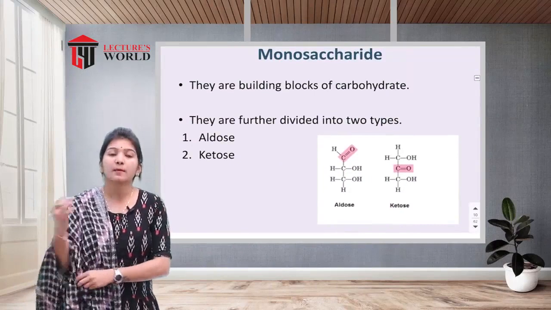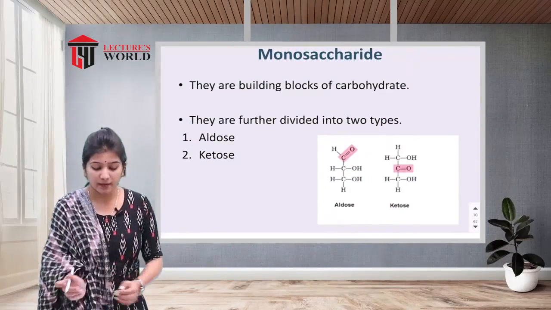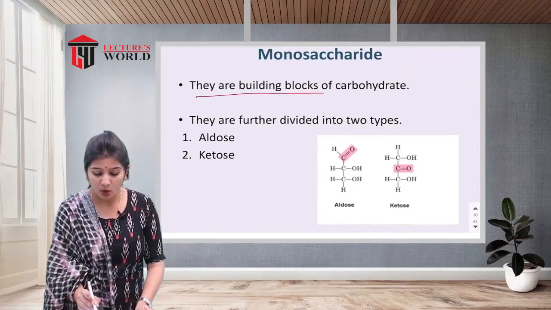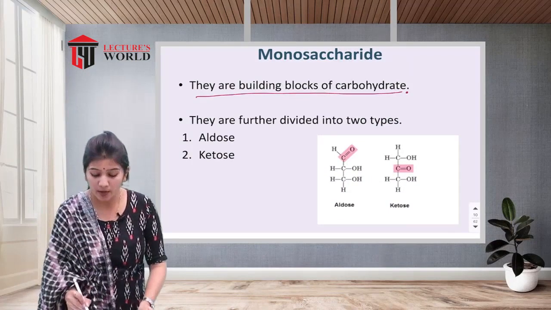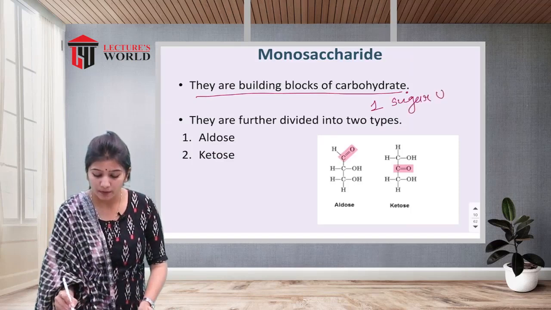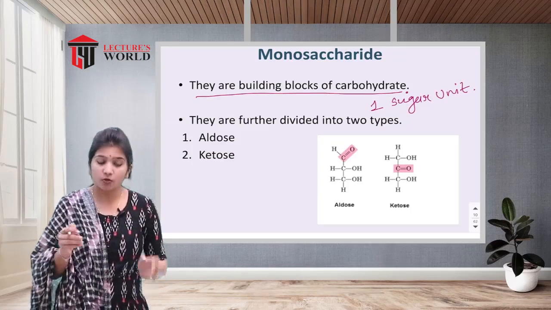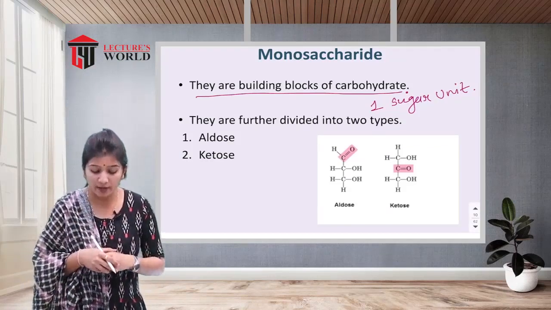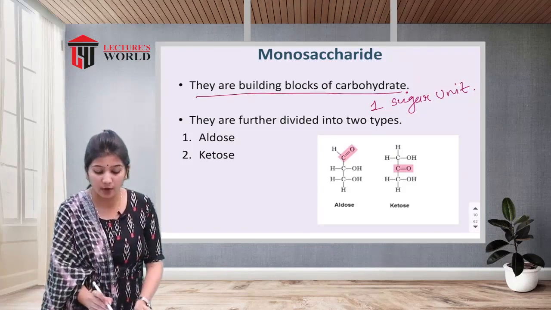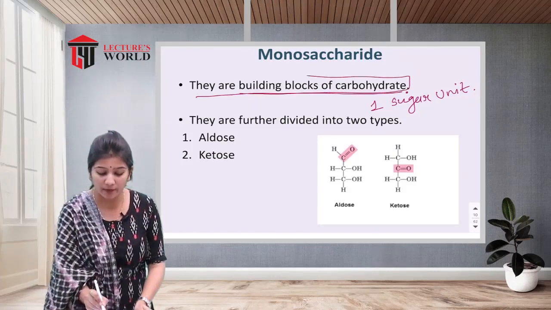First we'll see the monosaccharides. They are the building blocks of the carbohydrate. Monosaccharides are made up of one sugar unit, and one sugar unit makes the further types of carbohydrate. That is why they are known as the building blocks of carbohydrate.